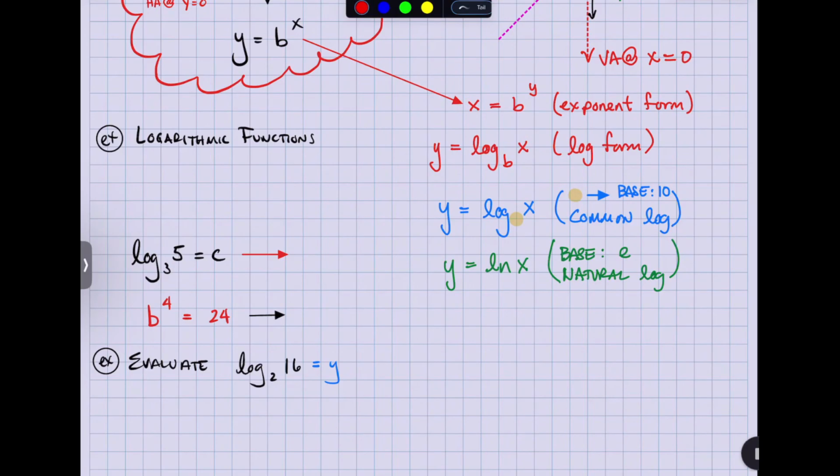Okay? So I have to be able to go from log form to exponent form and vice versa.